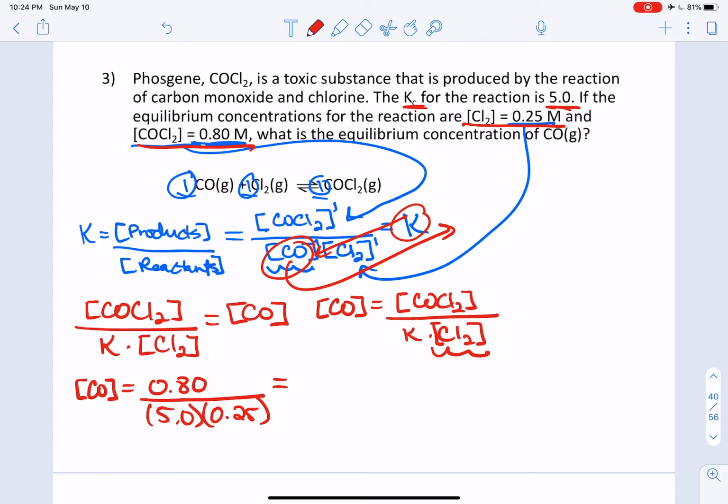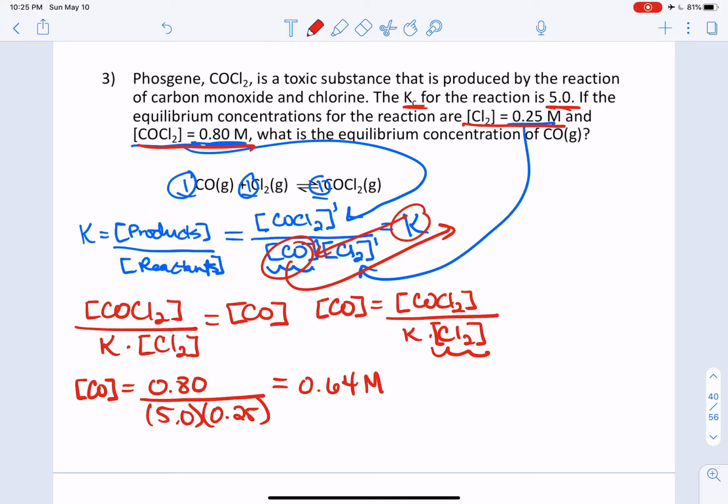If you pull out your calculator and do 0.8 divided by 5 and hit equals, and then divide by 0.25 and hit equals again, what we get is 0.64. It's a concentration, and the unit of concentration that we're using is molarity.